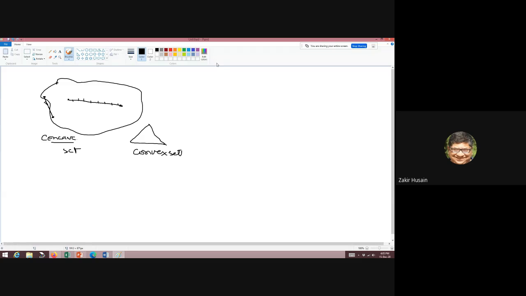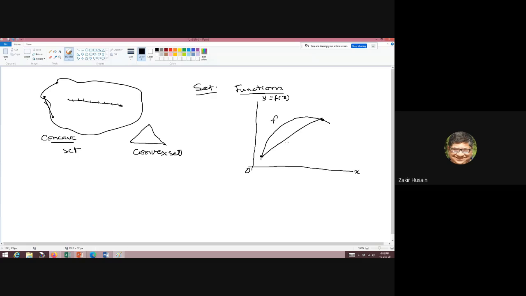Now, convexity and concavity, as we have defined it, we are now going to extend the concept to functions. Okay. So if this is a function, and if we take any two points on the line and connect them, we will see that this is the function and this is the linear combination.